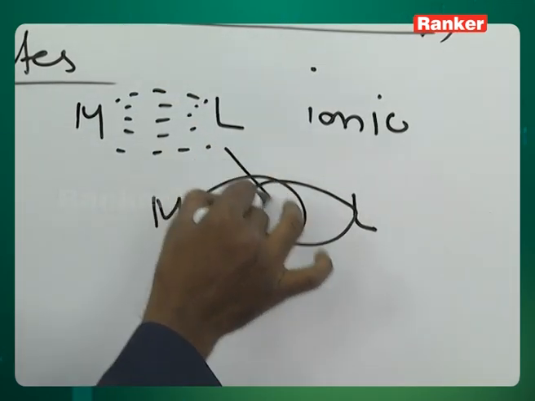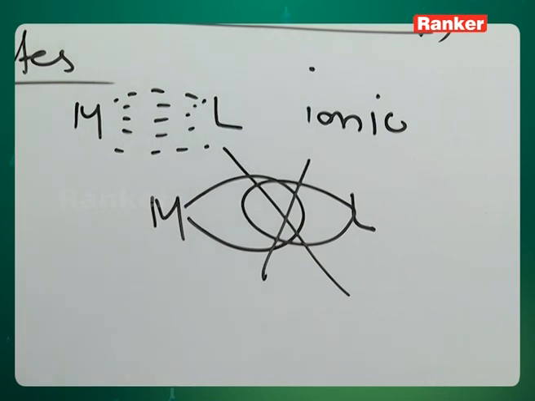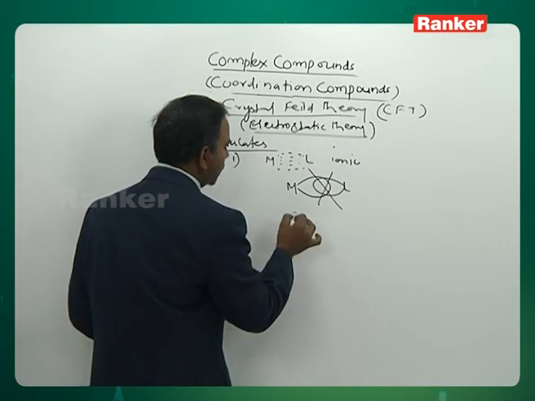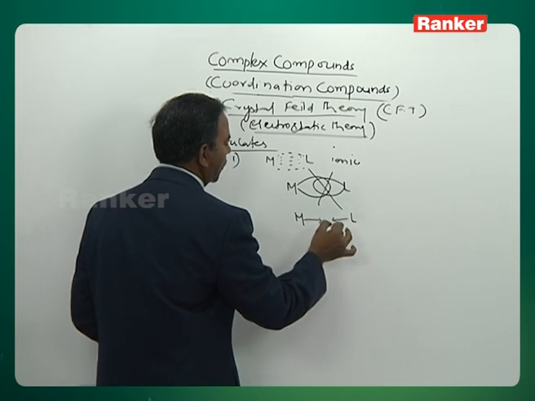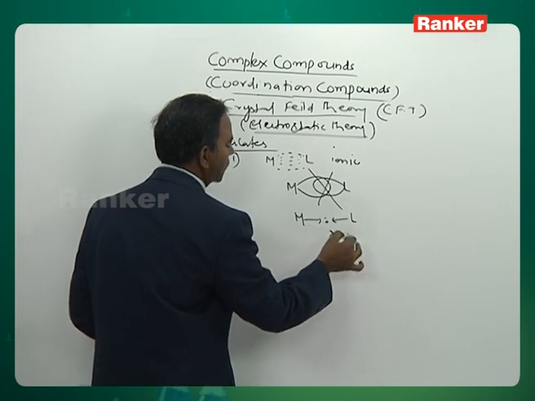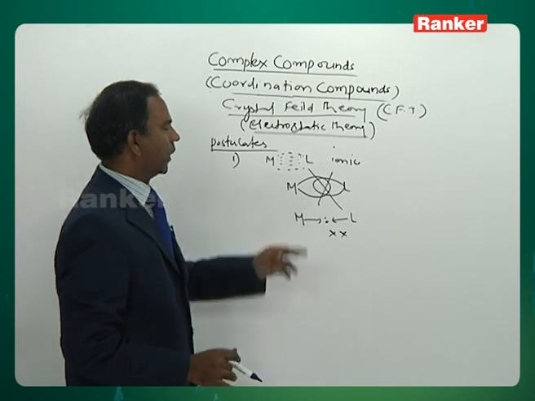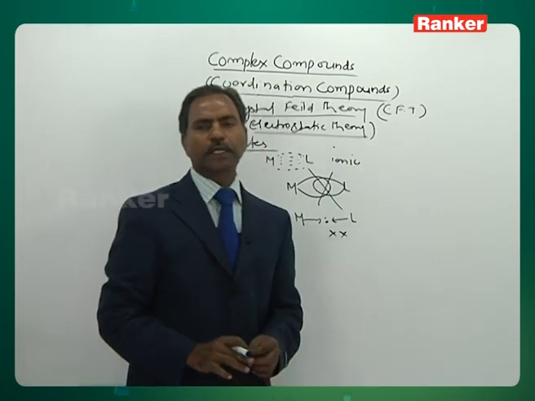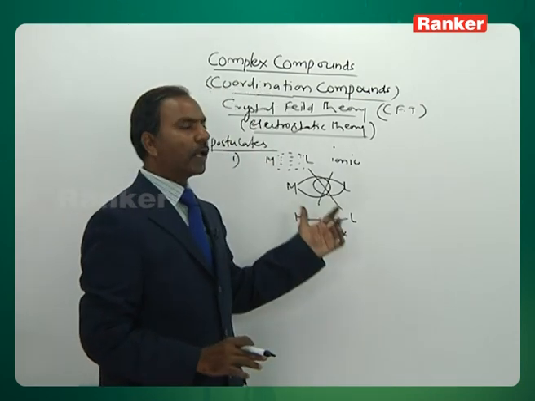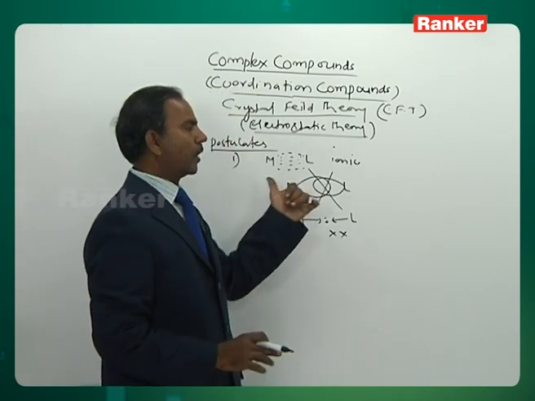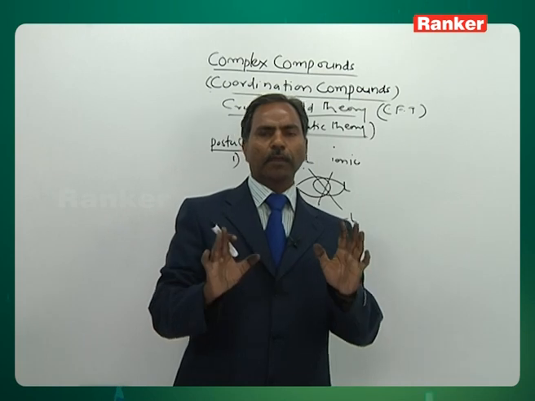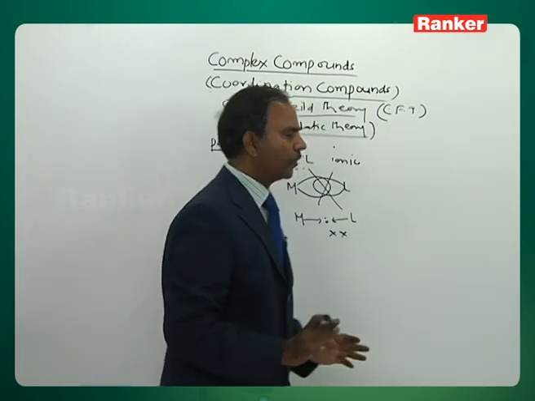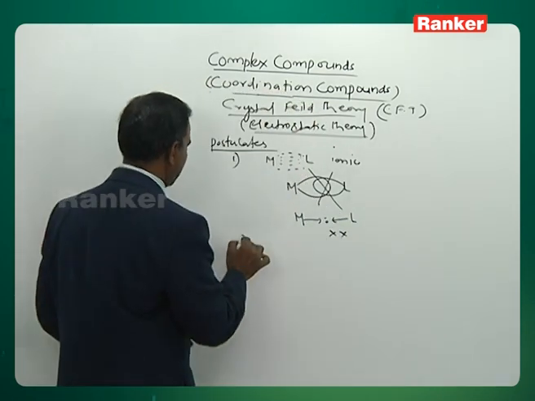The metal to ligand bond is purely electrostatic and highly ionic, with no overlapping of orbitals and no transfer of electrons. This is the first postulate of crystal field theory.